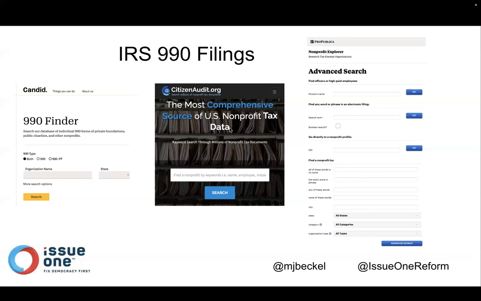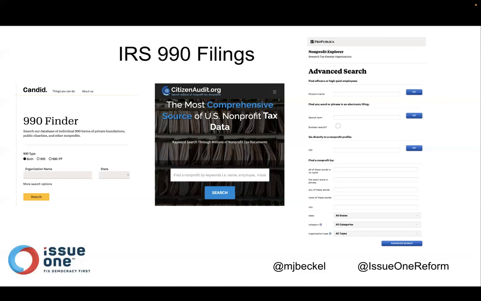across different 990s. And so in some of our projects and some of my past reporting, I had used these resources to, say, type in the name of a nonprofit or the EIN number of a nonprofit and see if that name, that EIN number, pops up in a 990 filing for one entity as making a contribution to the dark money group that I cared about.